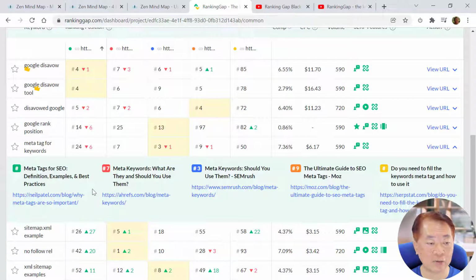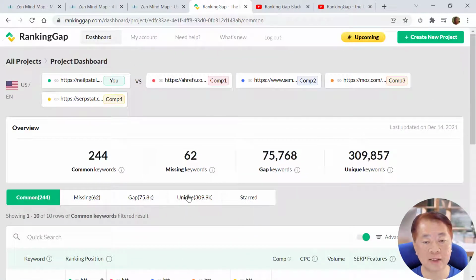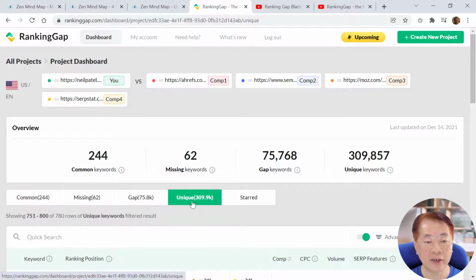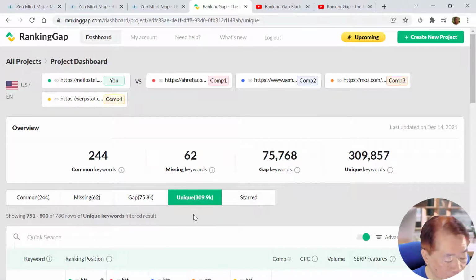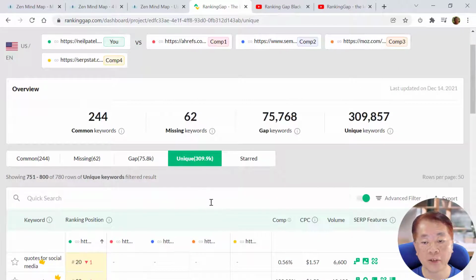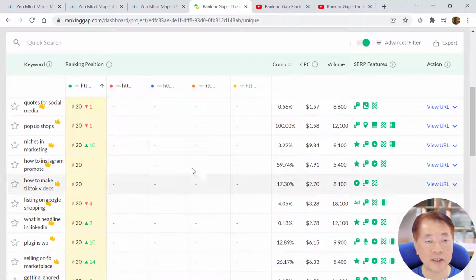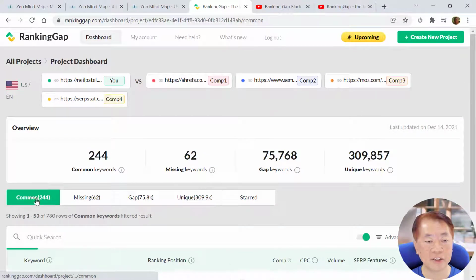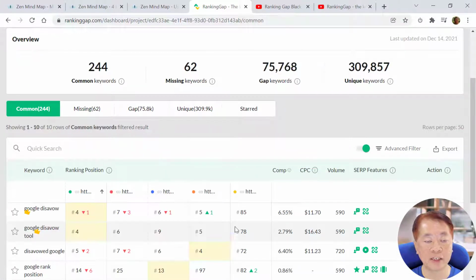So this is how we go and check the common keywords as well as the unique keywords, where you can check your keyword ranking position. For unique keywords, it's quite simple. It's only where you are ranking. For common keywords, you have all the other people's rankings as well, so you have more checking to be done.